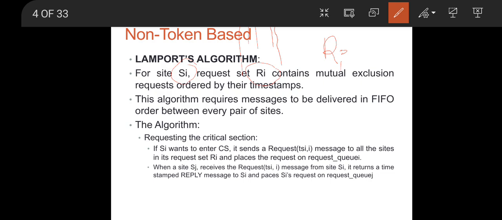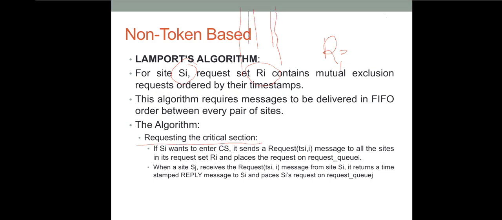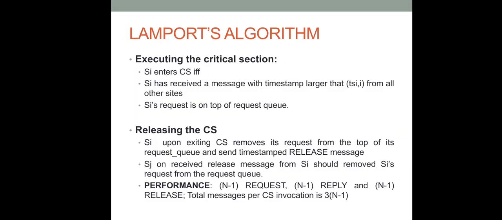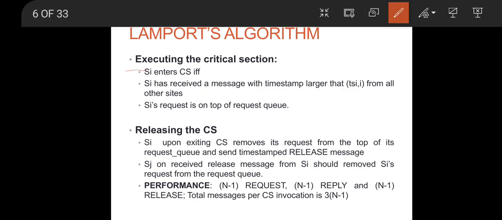Now all the algorithms that we will be discussing in this chapter will have three parts. One is what is to be done whenever a process is requesting the critical section. Second is the condition when the processor is allowed to execute the critical section.